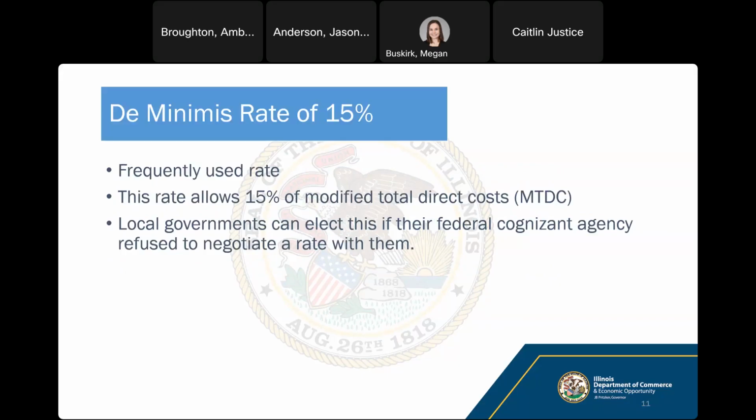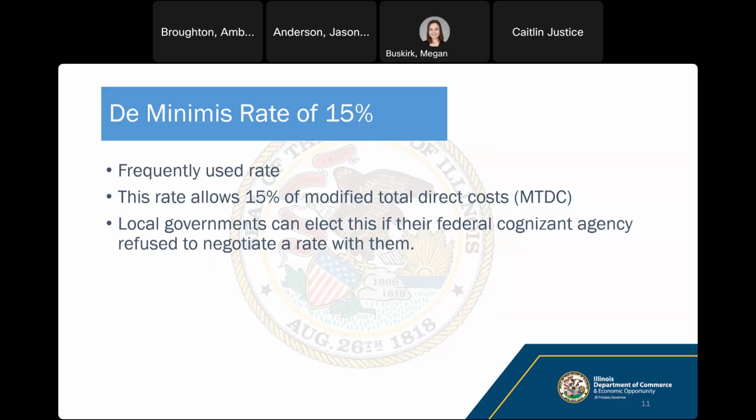All right, moving on to the de minimis rate. The 15% de minimis rate is the most frequently used rate by grantees. This rate allows 15% of modified total direct cost, or MTDC. Local governments can elect the 15% de minimis rate if their federal cognizant agency refused to negotiate a rate with them.